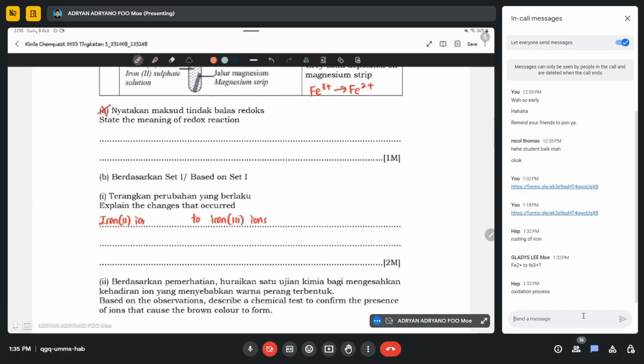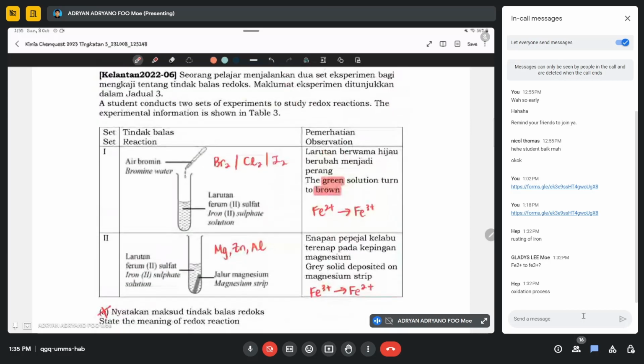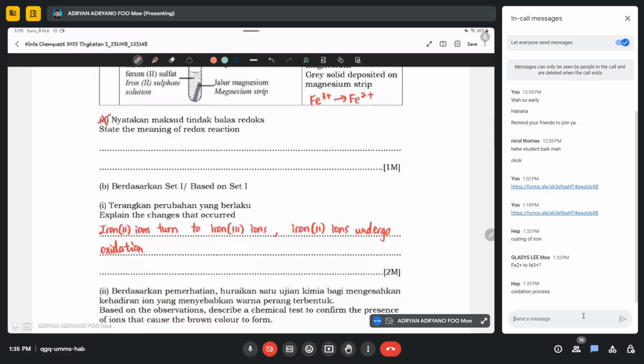Iron 2 ions turn to iron 3 ions. 1 mark，看到吗？然后你就解释为什么它 turn to iron 3 because iron 2 ions undergo oxidation。2分，看到吗？刚才我在这里我已经知道了，哦 green to brown，OK，Fe2+ to Fe3+ because I know green is 2+ brown is 3+，所以这个是我知道了的。那他现在问你吗？What happened?